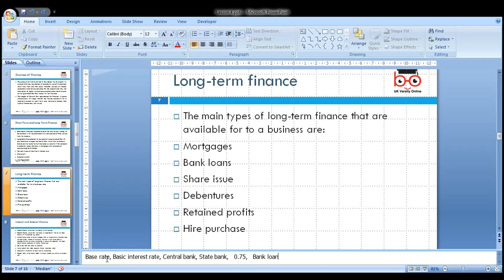Now, for a bank loan we can get around 2%. If we don't have a good credit score, maybe we'll get 4% on the interest rate. So we always need to be very careful, keeping this in view.